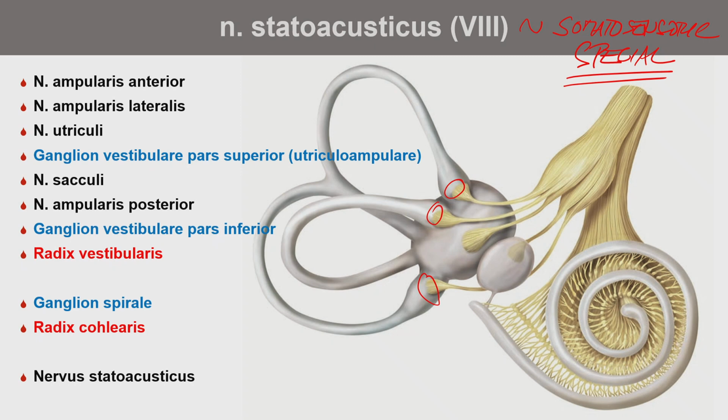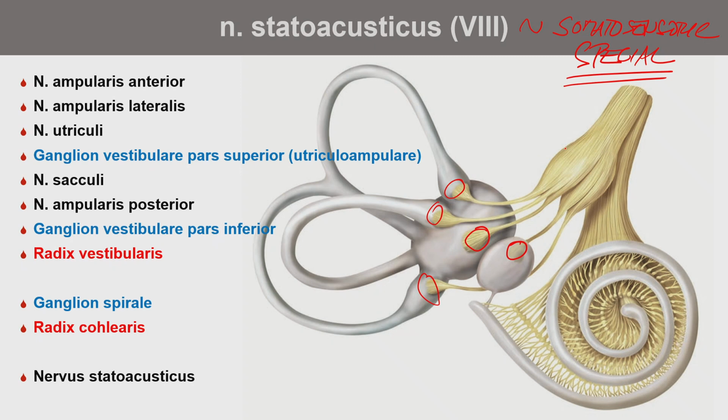Those three semicircular channels are perpendicular together to form a 3D model of the space, and also we have two sides. We can make sensations from both sides. So this is rotational information. The linear motions are then obtained from two endings in the utriculus and sacculus.